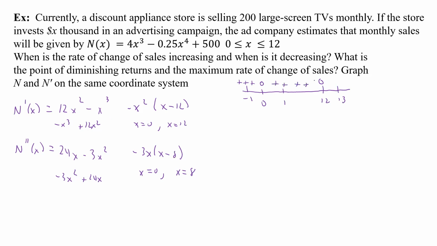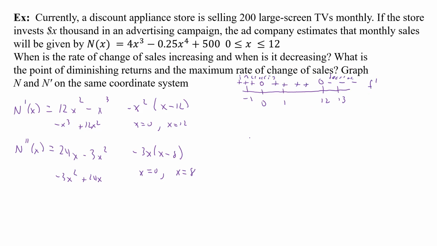And we plug in 13, that's going to start giving us bigger numbers, so those are going to give us negative values. Okay, and so that's going to be our N prime. So we're going to be increasing at this point all the way to here, and then we're going to be decreasing after that.